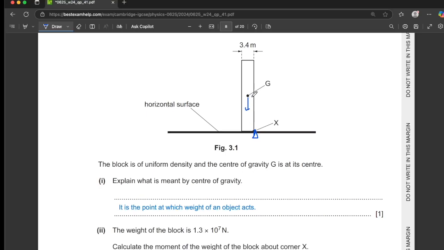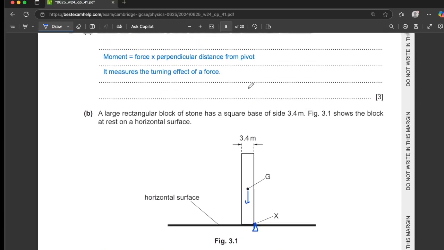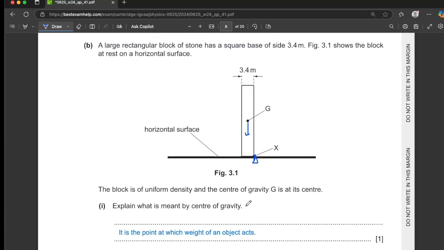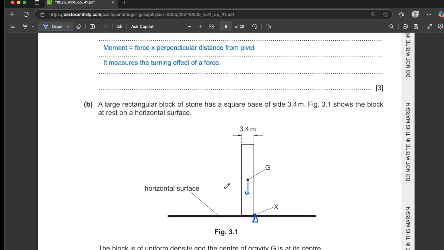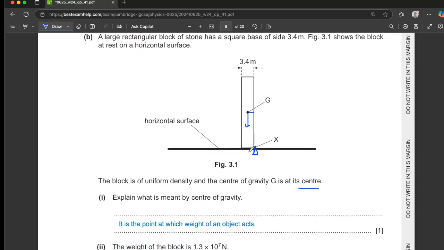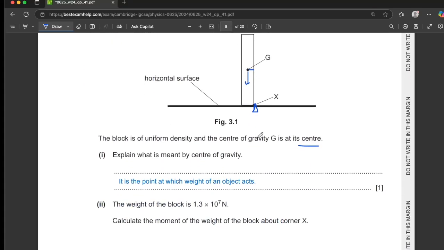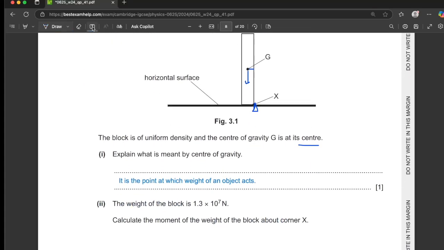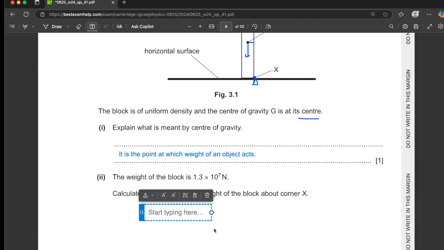And we can think about the equation. We know the force, the force is the weight, and then the distance. The center of gravity is, as it says, uniform density, at its center. So it'll be exactly the midway point of the width. So we get both the distance and force.